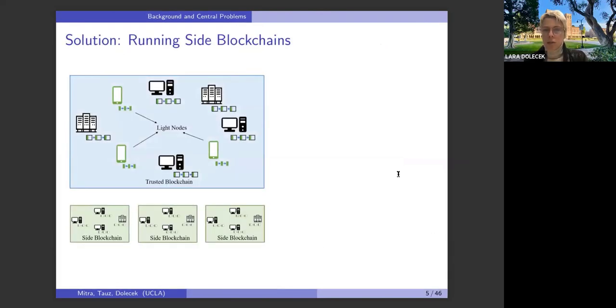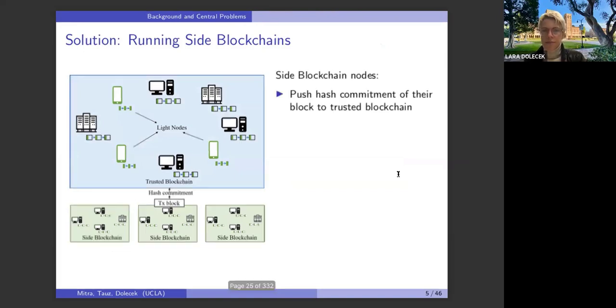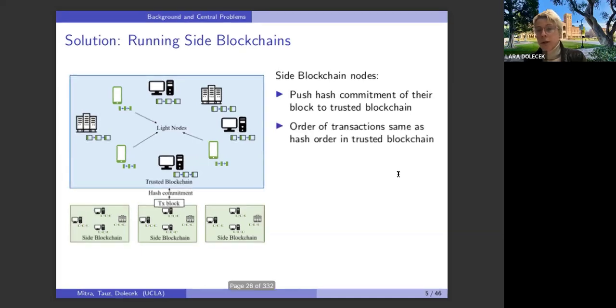And so the solution, therefore, is to run side blockchains to improve on these throughput and latency results, so that the more side blockchains we have, the more parallel computations we can execute. In this case, side blockchains push their hash commitment of their block to the trusted blockchain, which serves as the know-it-all.